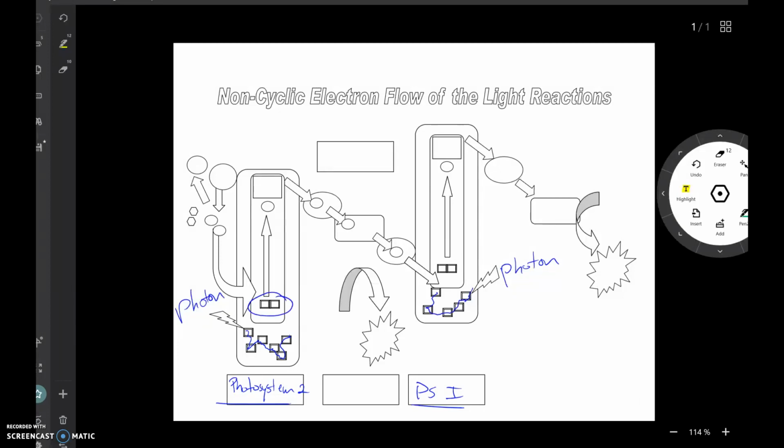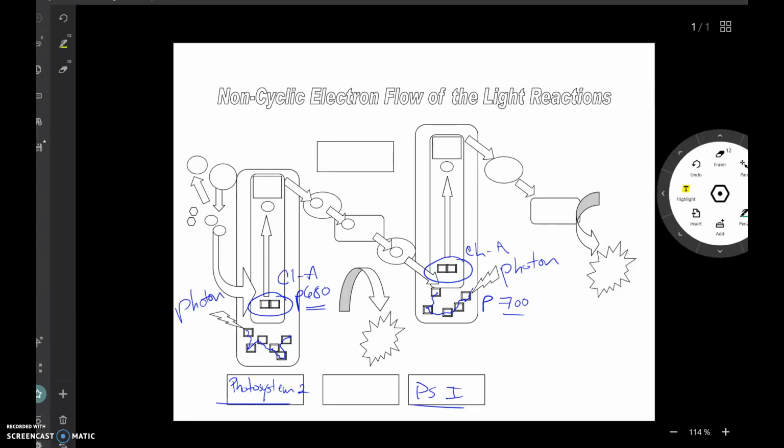And at the center of both photosystems, we have chlorophyll A. Now, chlorophyll A in photosystem 2 is referred to as the P680 reaction center. So that's going to be most functional at 680 nanometers. This one over here is P700, so it's slightly different as far as where it's most effective at driving photosynthesis.